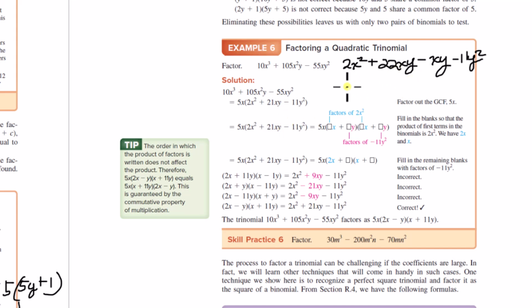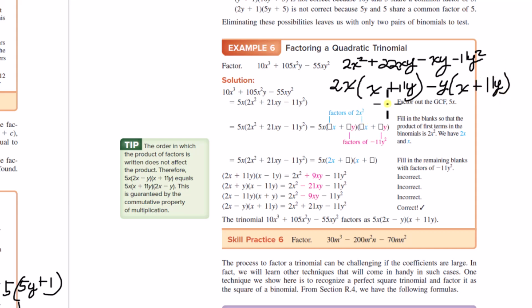So here we can factor out on these first two, we can factor out a 2x, and we get x plus 11y. Okay, put a minus, and let's see what we have. Minus what? Minus y, and then you get x plus 11y. There we go.